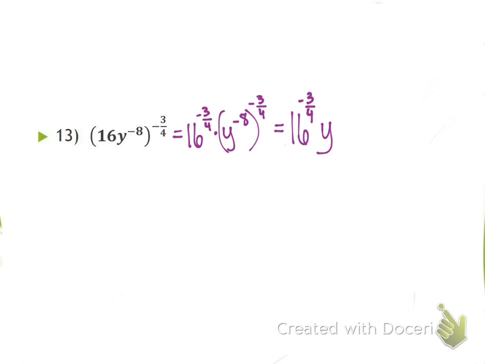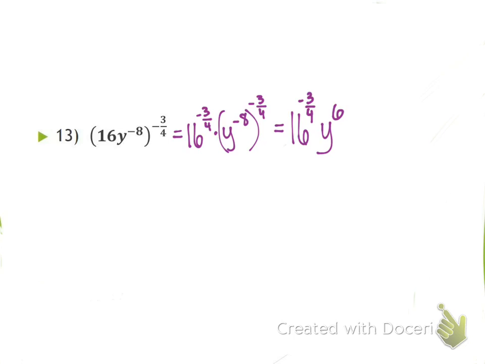Negative times a negative is a positive. 8 times 3? 24 divided by 4 is 6. So that simplified pretty nicely right away. The negative's gone, the fraction's gone. Are we all okay with that part?